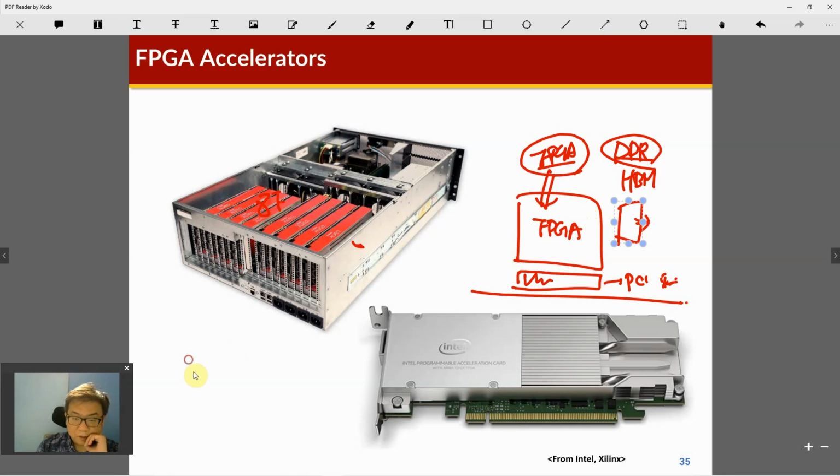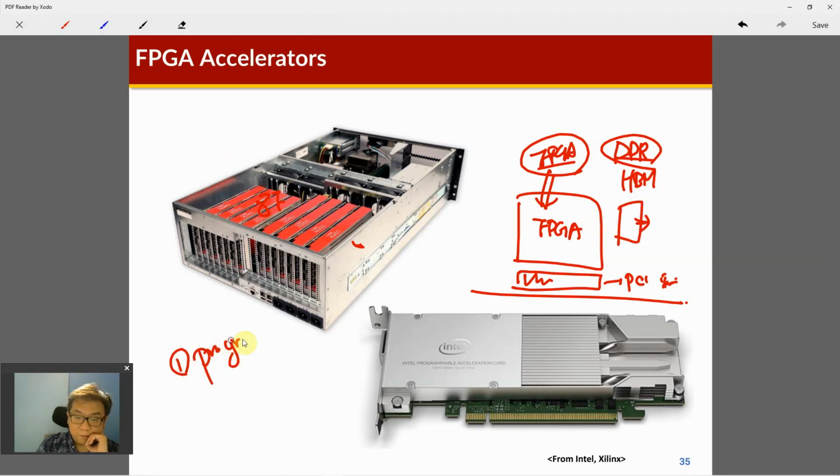So the advantage is programmability, but also for this domain-specific architecture, we need some program. This programmability is different.